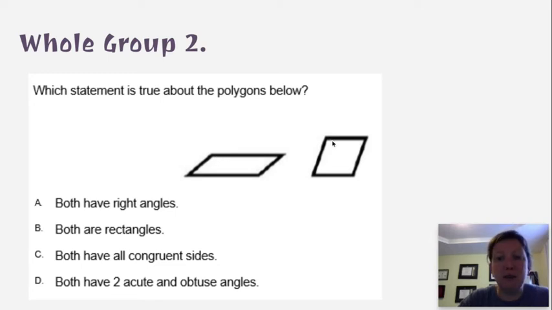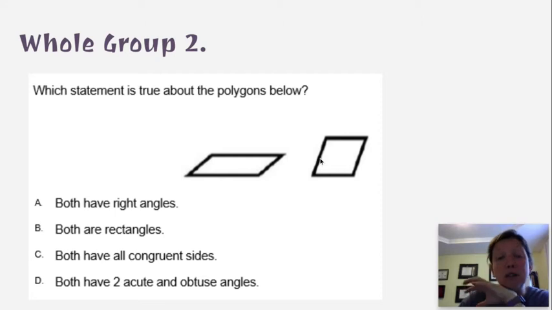Let's look at this one. What is this angle? Is it bigger than a right angle or smaller? It's bigger, so it's an obtuse. So that's one obtuse. Let's look at this one. What is this one? Great job. Obtuse. That's two obtuse. What is this one? It looks like it could almost be a right angle, but it's not exactly.